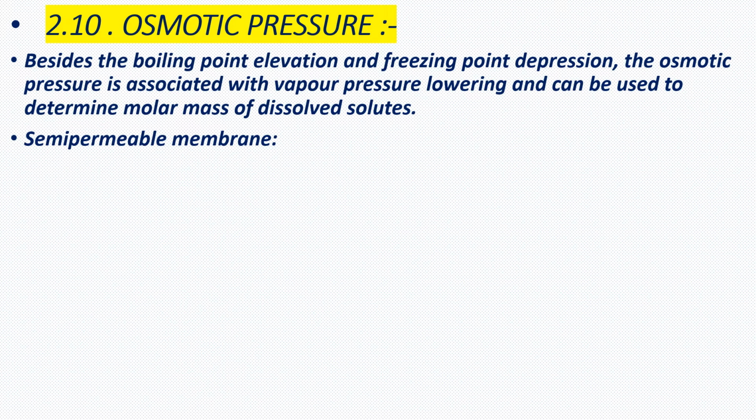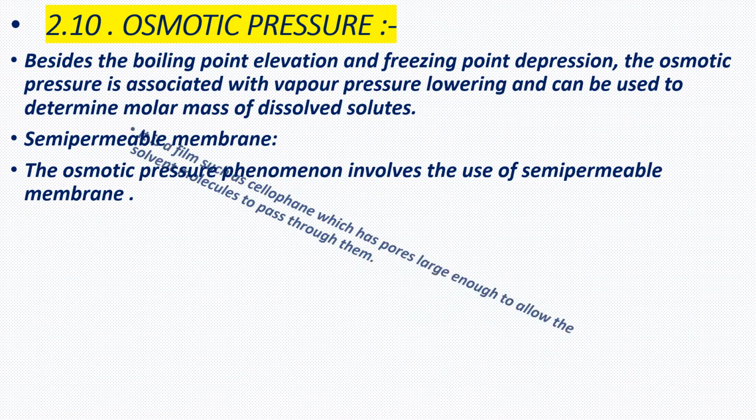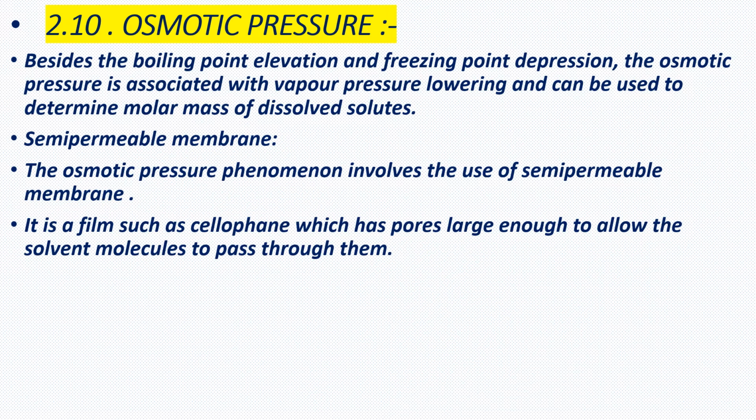Then one concept is given here, that is the semi-permeable membrane. What is a semi-permeable membrane? The osmotic pressure phenomenon involves the use of a semi-permeable membrane. It is a film such as cellophane which has pores large enough to allow the solvent molecules to pass through them.